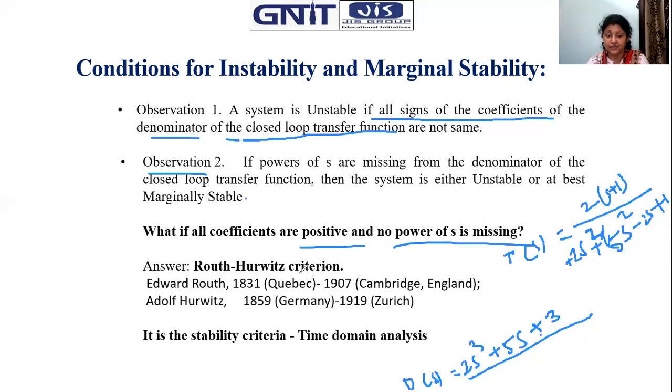That means the system is stable depending on certain conditions. This is basically called the Routh-Hurwitz criteria, developed by Edward Routh, who was English, and Adolf Hurwitz, who was German. So these two scientists worked on that and fixed the criteria for the stable system, which is called the Routh-Hurwitz criteria.